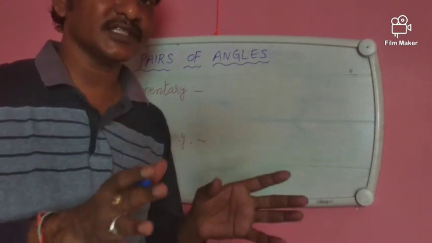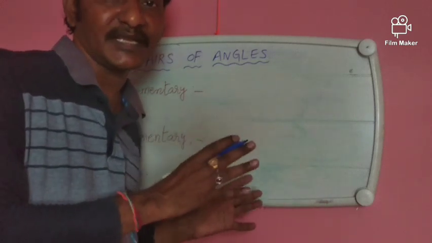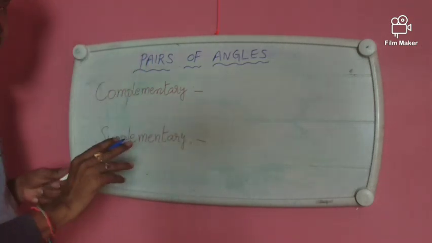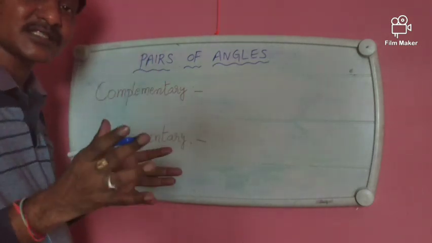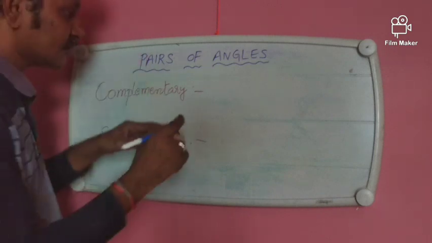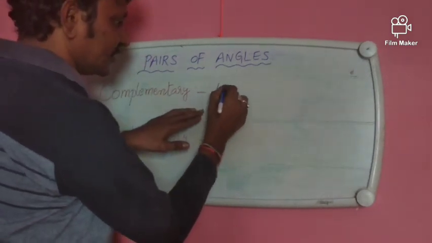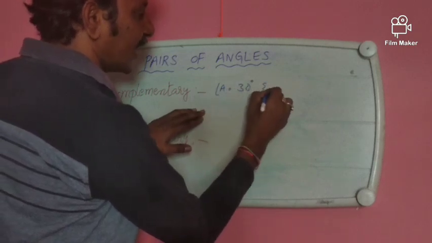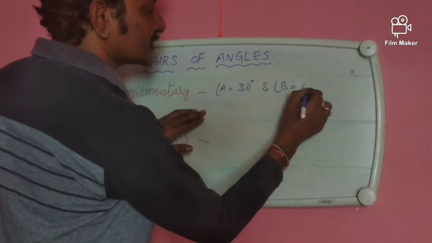Okay, children, now you will see a few examples for complementary angles and supplementary angles. Now you can see complementary angles. Two given angles are said to be complementary, suppose angle A is equal to 30 degrees and angle B is equal to 60 degrees.